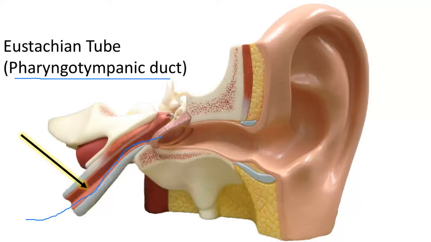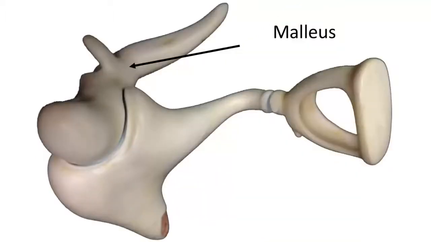When you are an infant, the eustachian tube is more horizontal, like this, and as you age, it becomes more vertical, like it's shown here. One theory is if it's more horizontal, it's easier for bacteria to move along, but when it's vertical, it's harder. That's a theory.